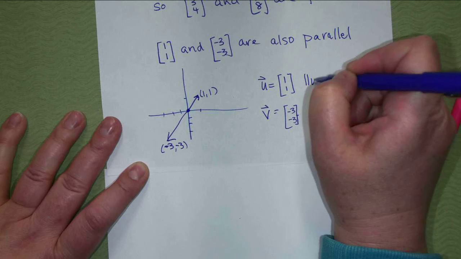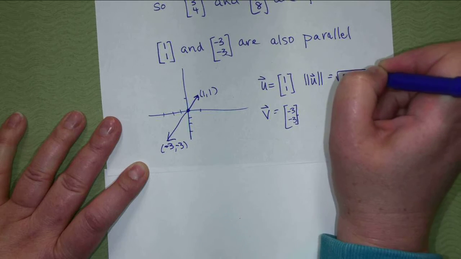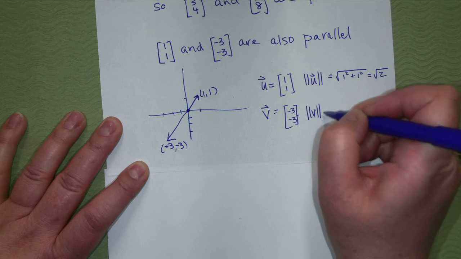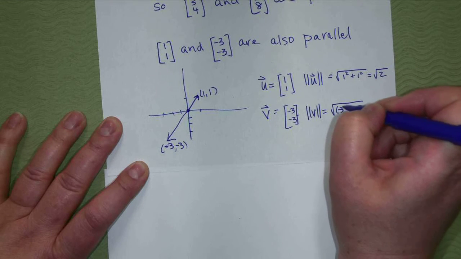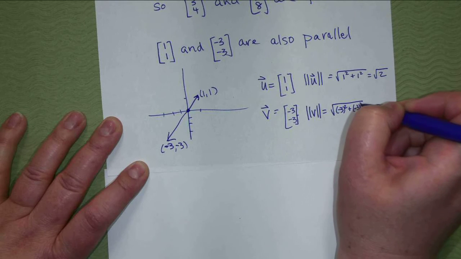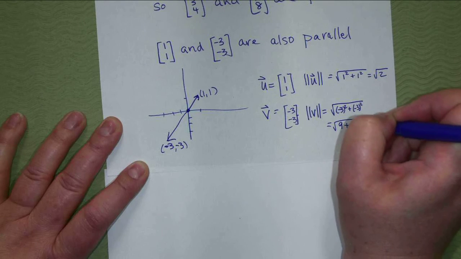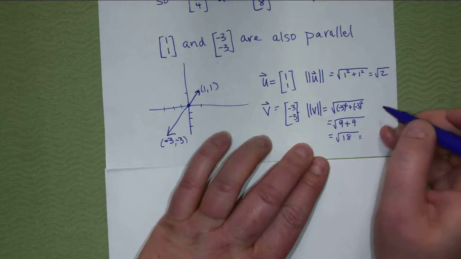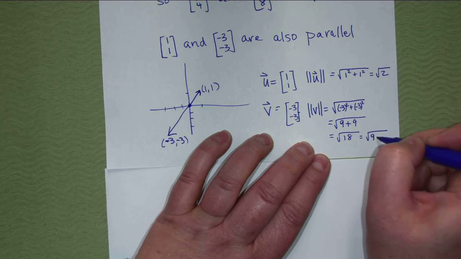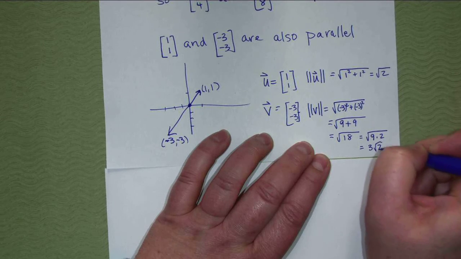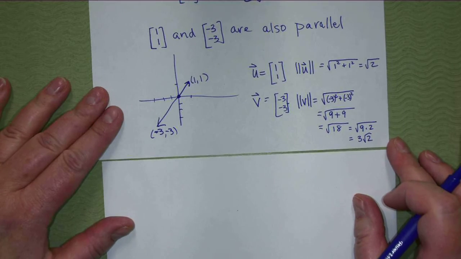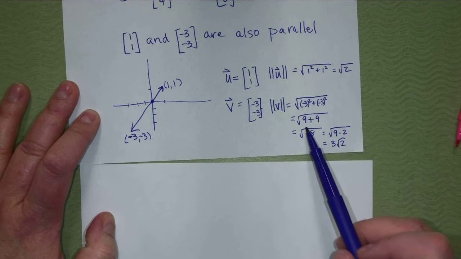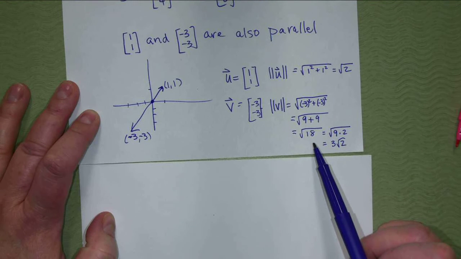So the length of u and the length of v. The length of v is square root of 18, which if we simplified it, 9 times 2 is 18.